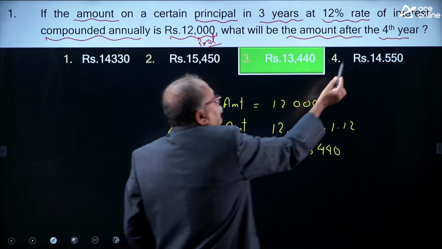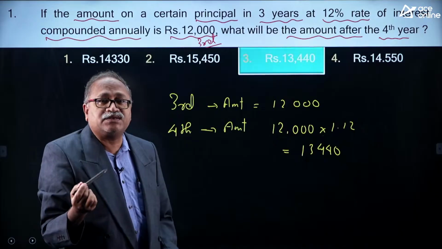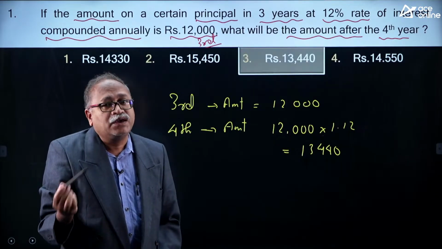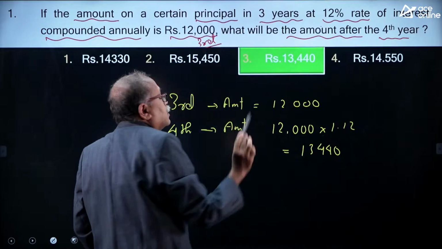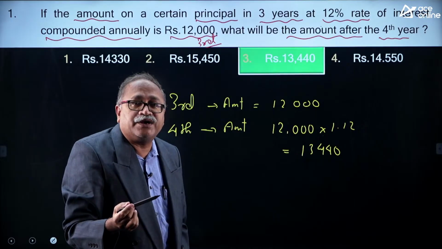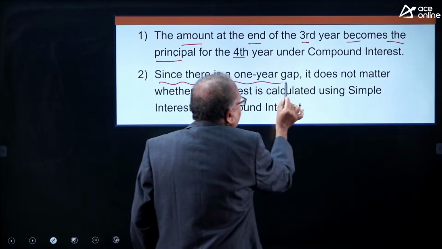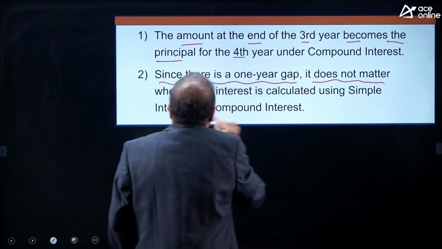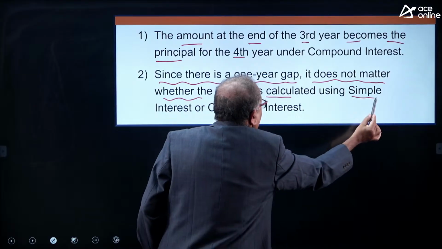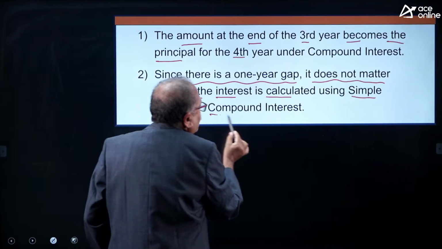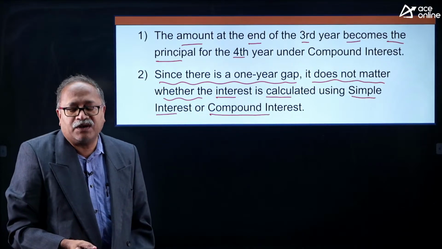I simply have to add 1 year interest, and 1 year interest, whether it is simple interest or compound interest, will remain the same. So I will calculate 12% of 12,000 and add it to 12,000. Since there is only a 1 year gap, it does not matter whether the interest calculation is simple or compound, because it is the 1 year gap. Well done, my dear friend.